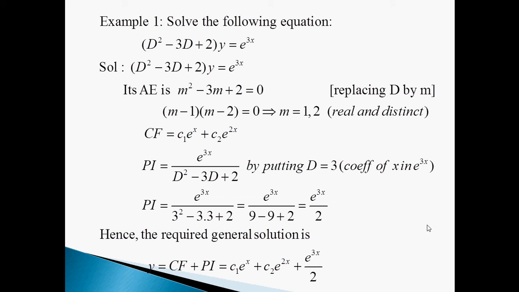The particular integral is equal to e to the power 3x upon 3 square minus 3 into 3 plus 2, which is equal to e to the power 3x upon 9 minus 9 plus 2, and 9 is cancelled from minus 9, we get e to the power 3x upon 2. Hence the required general solution is y equal to CF plus PI, which is equal to c1 e to the power x plus c2 e to the power 2x plus e to the power 3x upon 2.